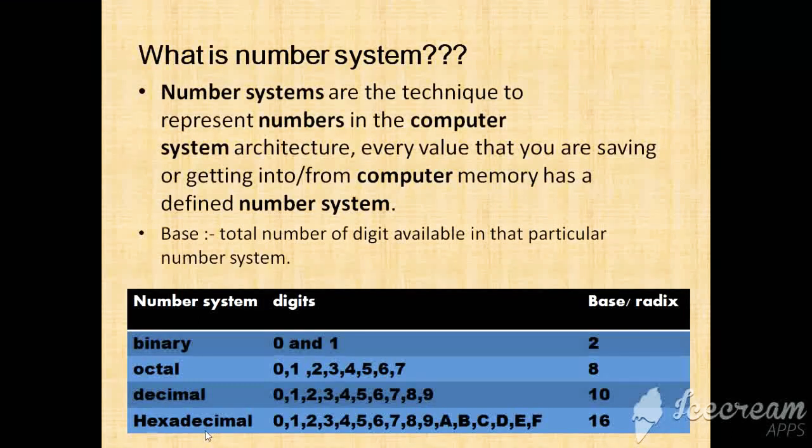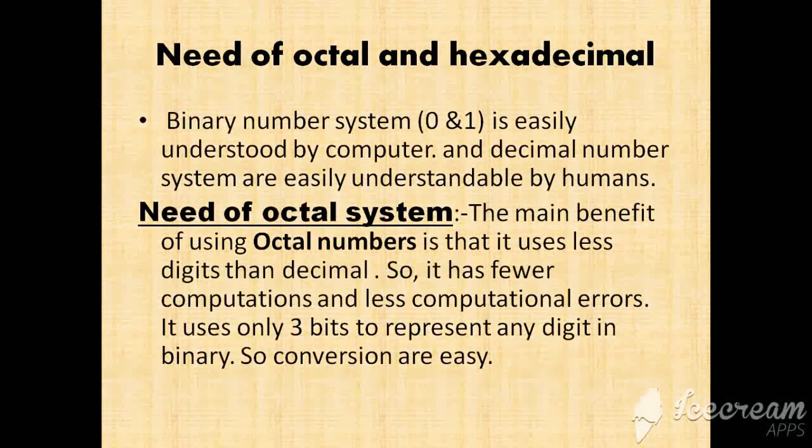And hexadecimal is 16. Binary, octal and hexadecimal are understandable by computer, and decimal is understandable by humans. But my dear students, computers only work on the binary number system, right?